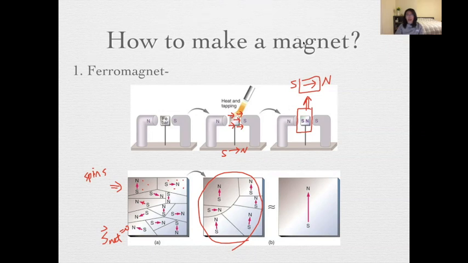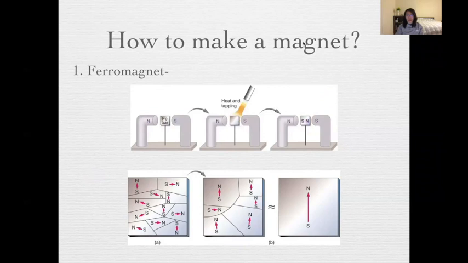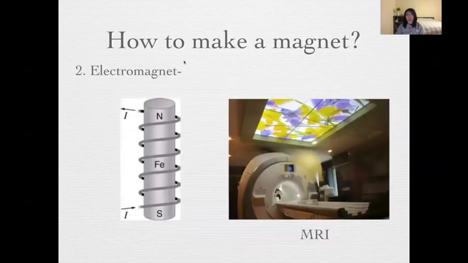All right. Another way to make a magnet is simply to induce some current. When you have some current, the current will generally create a magnetic field. We will talk about magnetic field later, but the idea I want to get across is that once you have a current, the current can create a magnetic field.